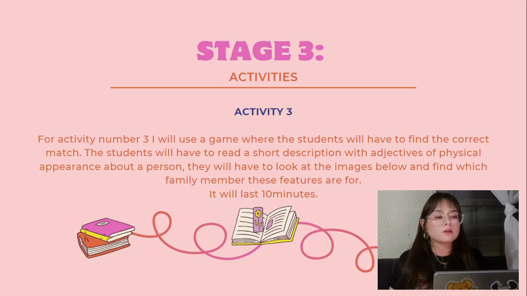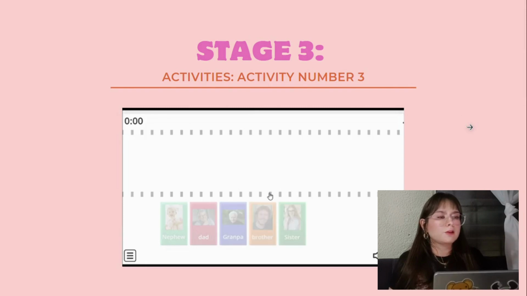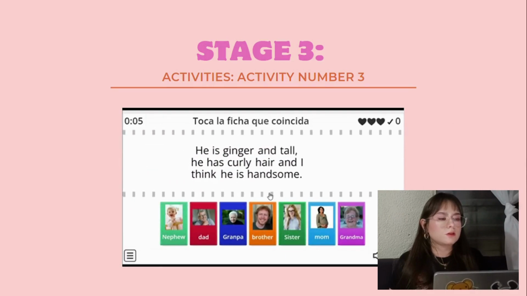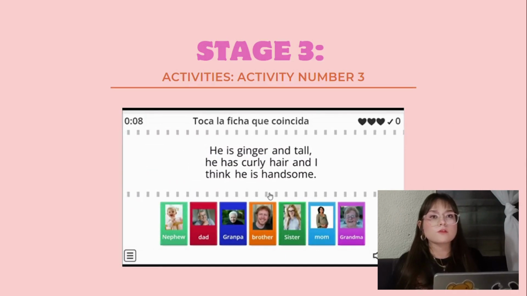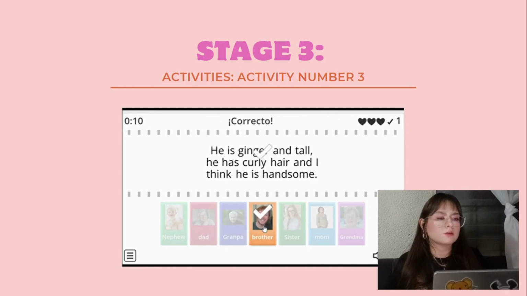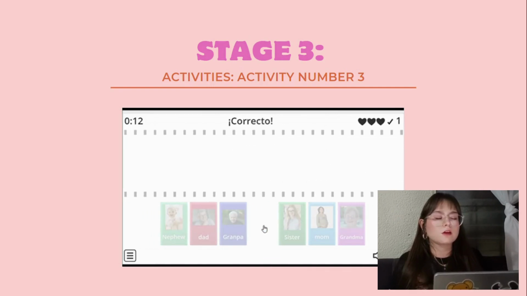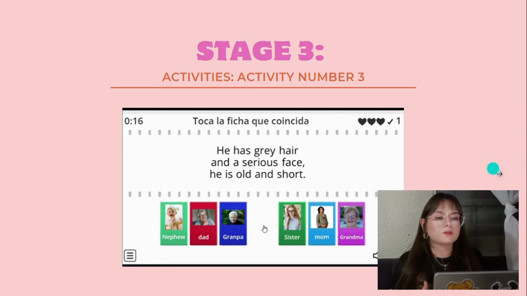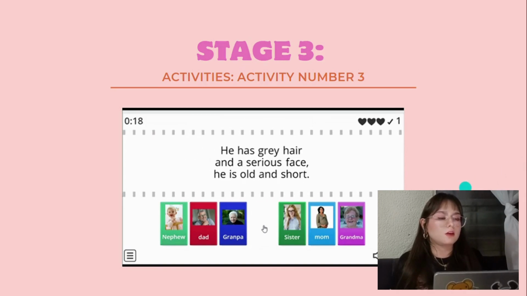It will last 10 minutes because it's very simple, and mainly I am using images because I wanted to see the faces of this person, the features, and so they can relate these adjectives and the meaning of it by looking at the images.